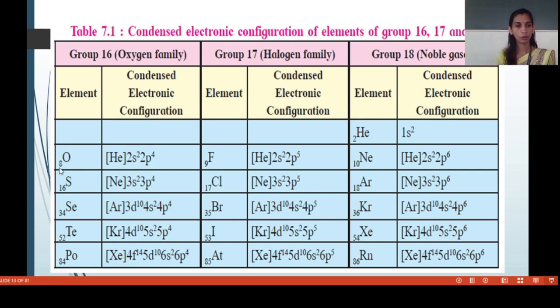Oxygen, atomic number 8, is He 2s2 2p4, that means in the second shell the s subshell contains 2 electrons while the p subshell contains 4 electrons.